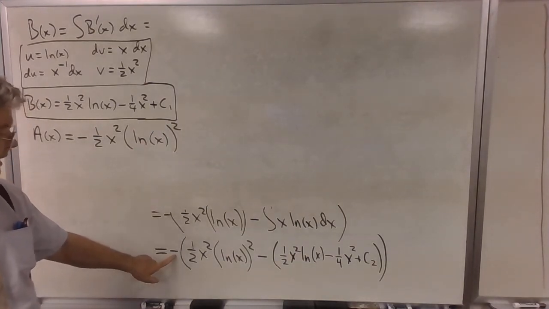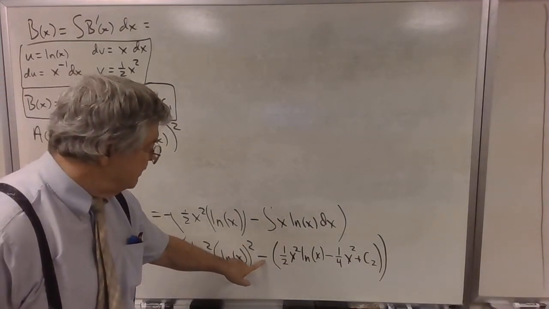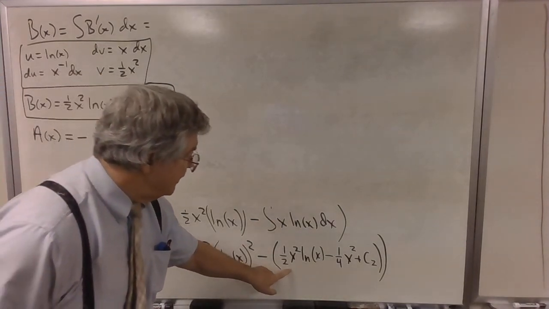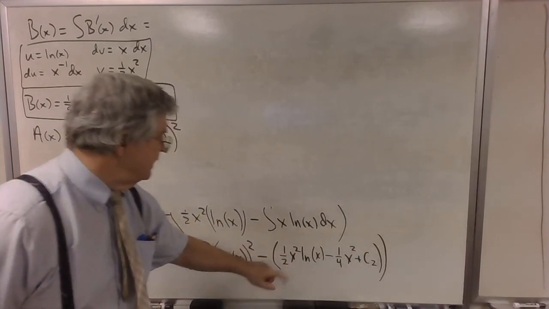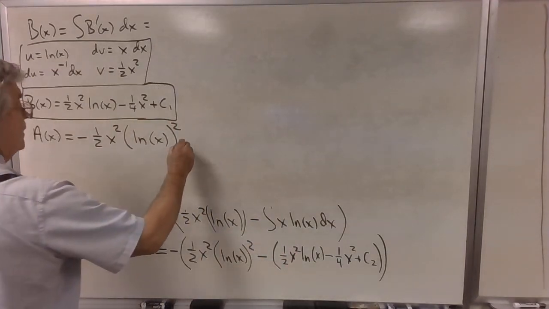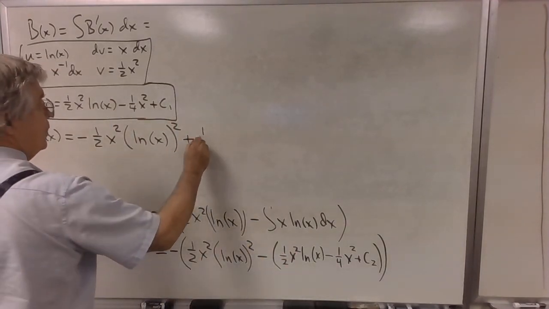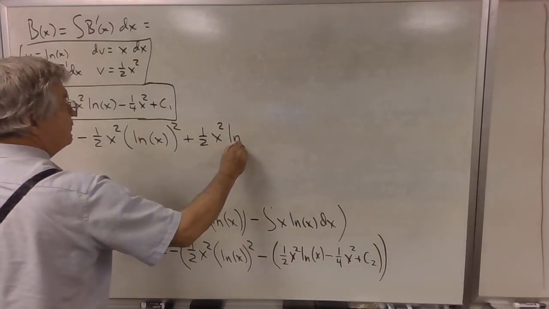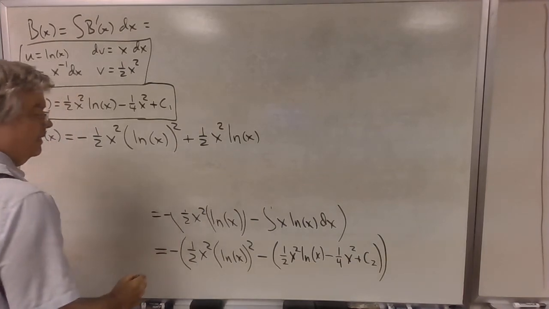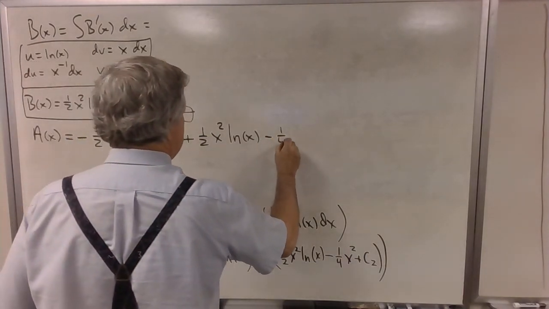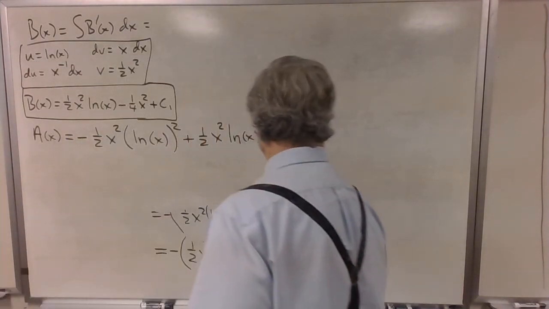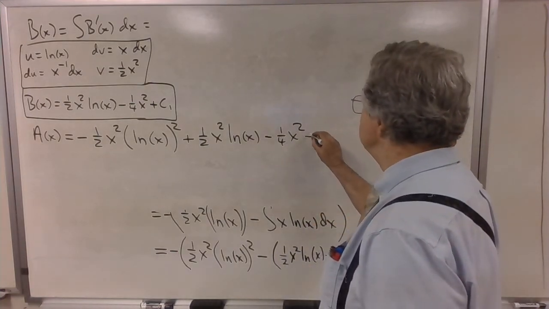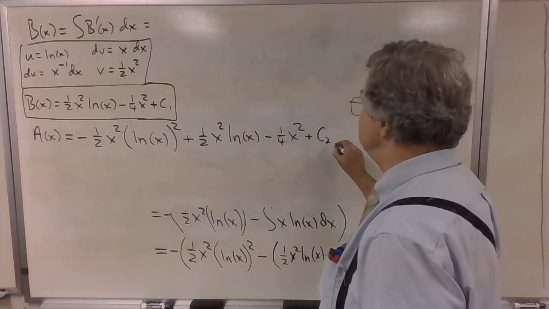And I have minus times minus is plus. So I'll keep the sign of everything in here the same. 1/2 x squared natural log of x minus 1/4 x squared plus C2.